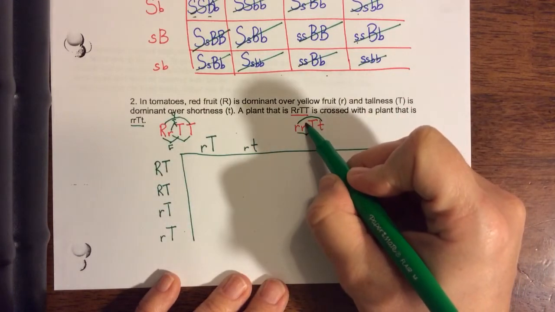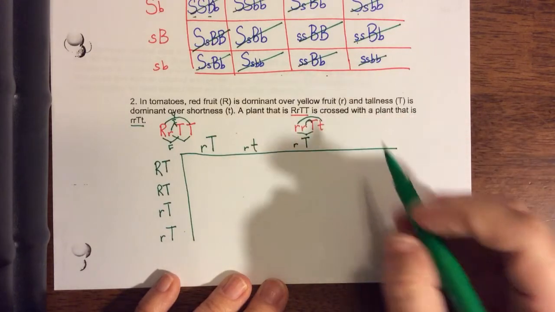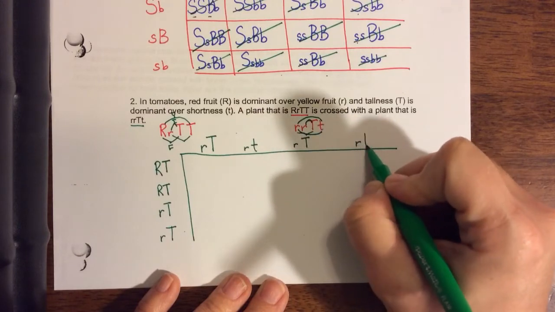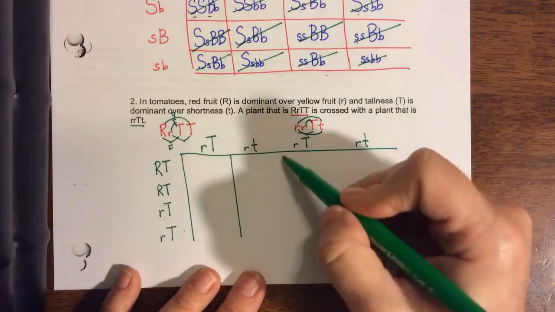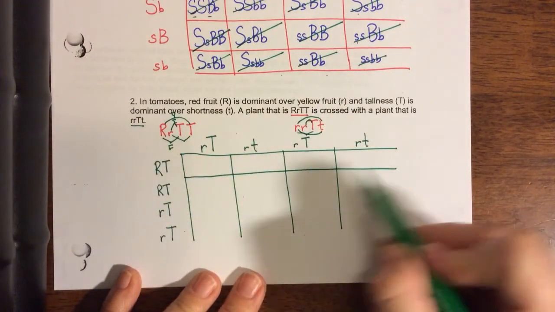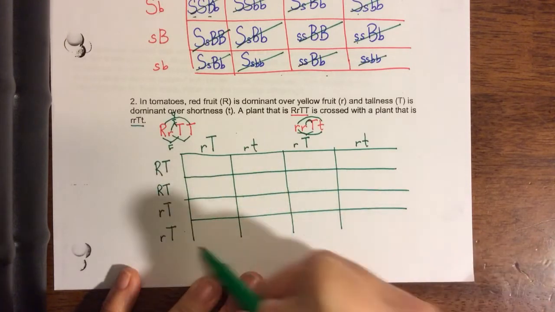The inside terms are these two right here, little r, big T. And the last terms of the pair are these two right here, which is going to be little r, little t. And then we're just going to draw a Punnett square and fill it out from there, and let's see what our offspring look like.